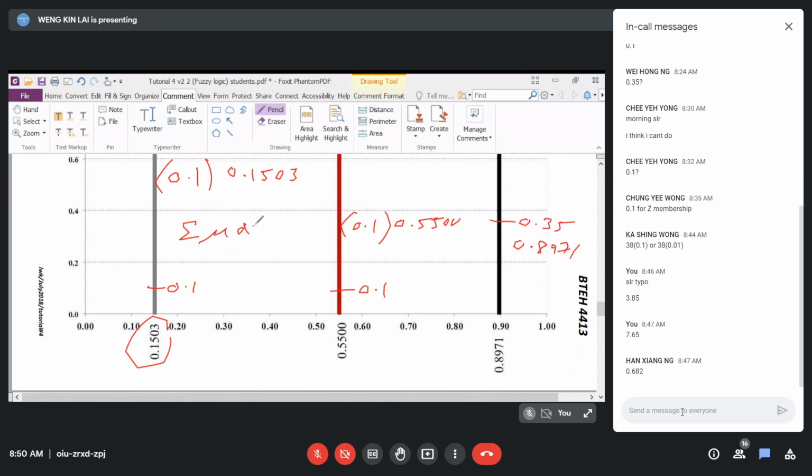Now this one again, you use the same formula. That's your dz. In this case, this is your z value divided by your membership. Now, can someone tell us what's the answer here? So you have this one, multiply, add them together, divided by... this is what? This is 0.1, 0.2, 0.55, right?